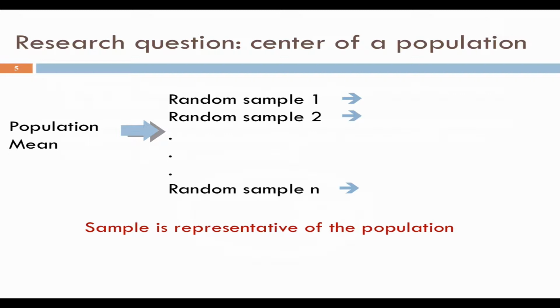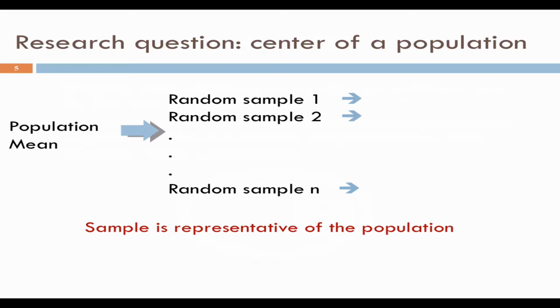Some of you get 100 randomly sampled American women, and a different one of you doing the same experiment gets a different random sample. So basically, you can get as many random samples as you want. And the key is that the sample is representative of the population that you are interested in.